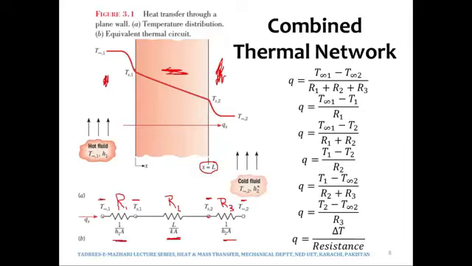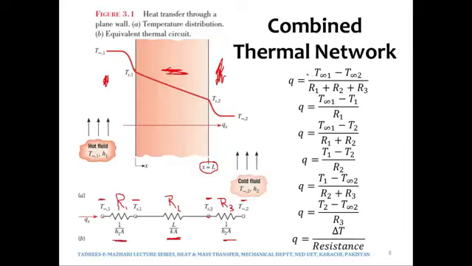It's not either conduction only, where we can write minus KA delta T over delta X. It's not only convection, where we can write Q as HA delta T. It's a combination of more than one mode of heat transfer. So in this case Q will be written in the form of delta T over R.